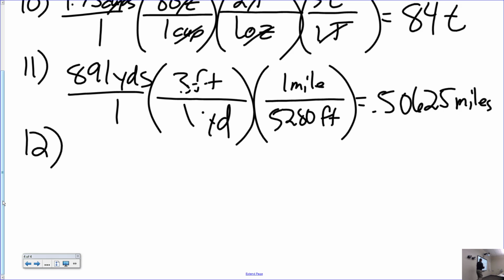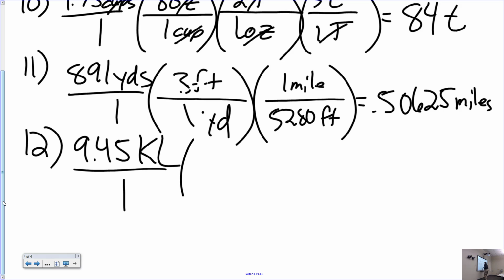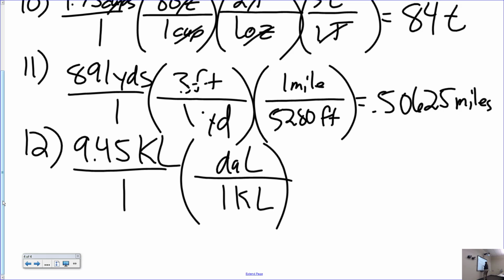Alright, then number 12, another metric one, 9.45 kiloliters into decaliters. Decaliters, there's 2 hops from kilos to deca. So 2 zeros, hop the decimal point 2 spots, 945.